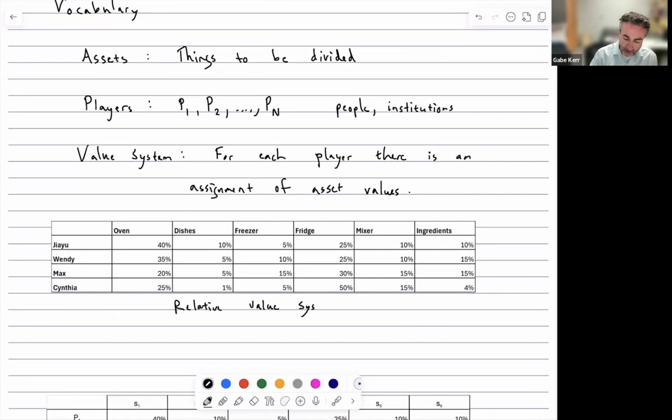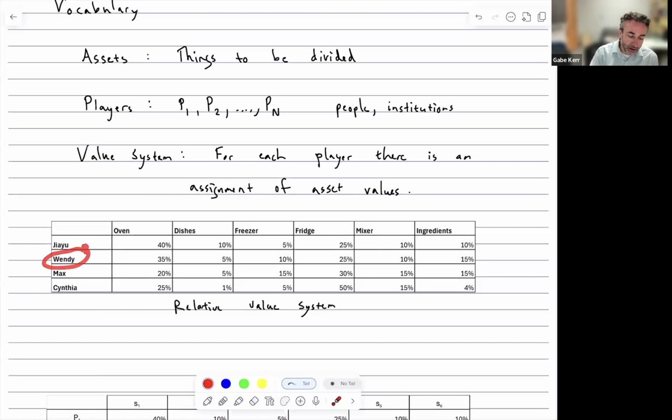And it's just a table, and the way you should read this table is if you look at Wendy, let's say in this particular example, these are individuals that are dividing up the assets of a kitchen. Maybe they had a business and they're dissolving the business and trying to find out who gets what from the kitchen.